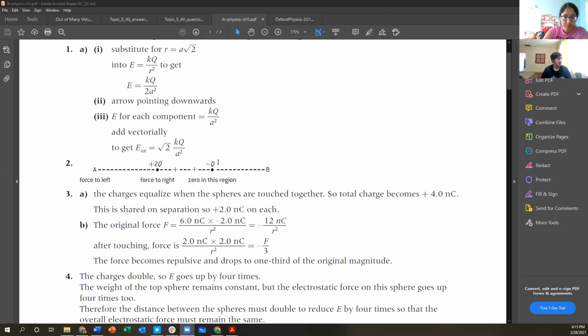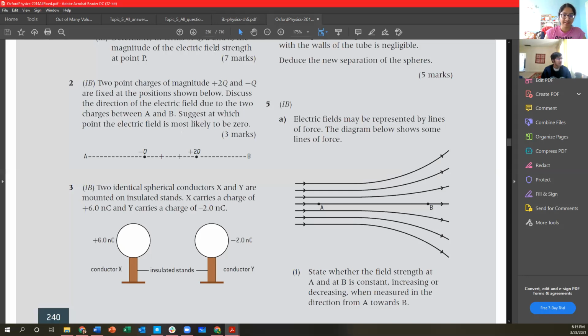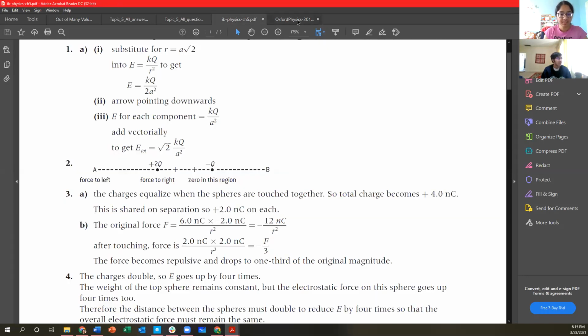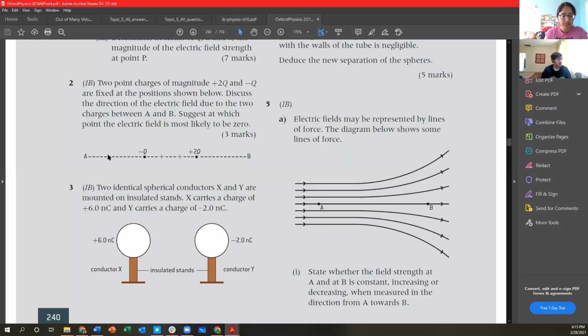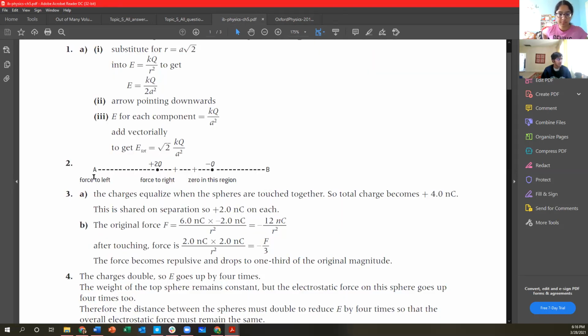Wait, did they flip this diagram? Yeah, I think they did. I got very confused. I'm like, this doesn't look right. And the negative Q is on the left side, right? Yeah, okay. So we said it would have been to the right, very close to minus Q, but then as you get further and further away, I don't know what this diagram means, to be honest.